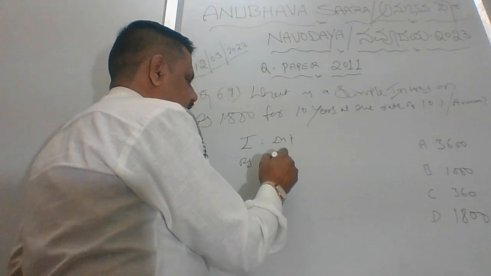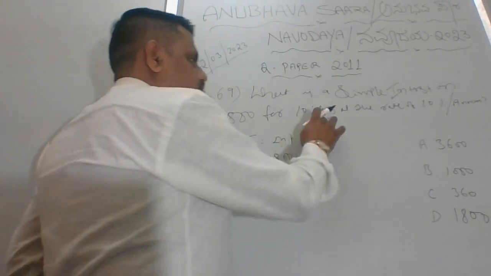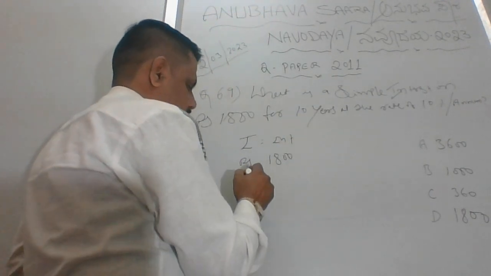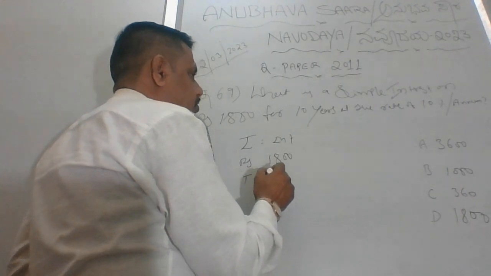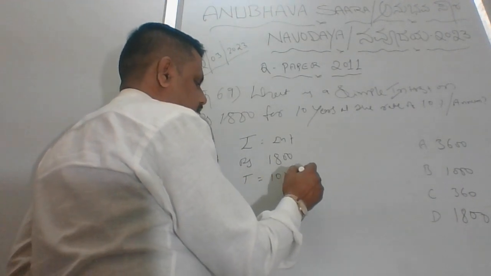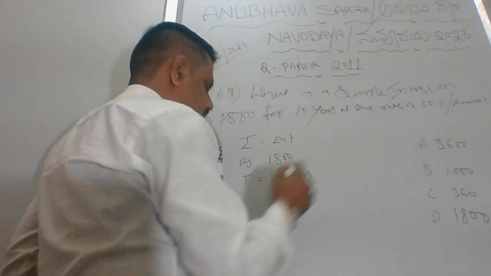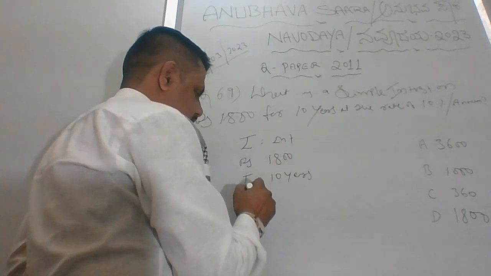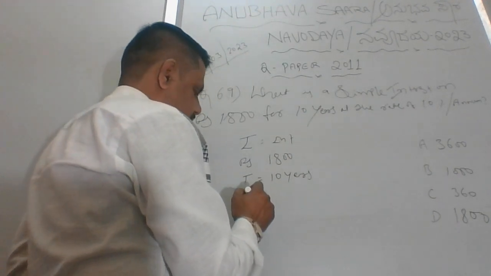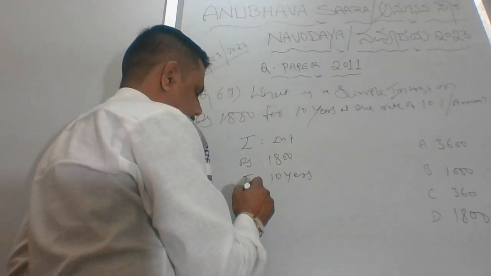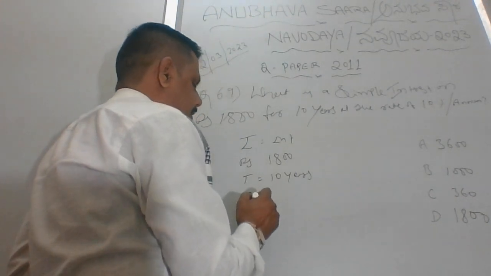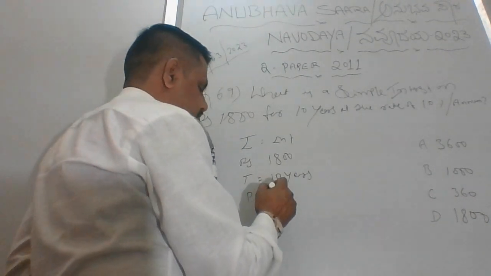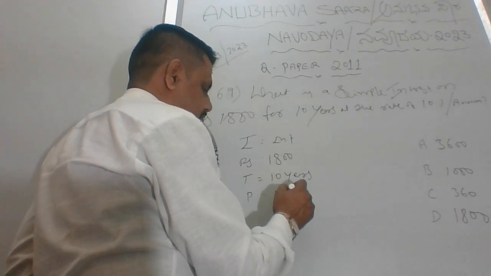Rupees 1800. So what is the tenure? Tenure is equal to 10 years. So what is the percentage per annum? 10%.